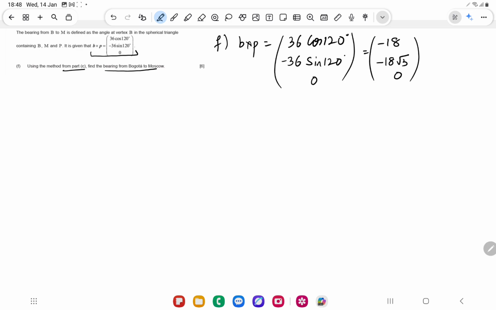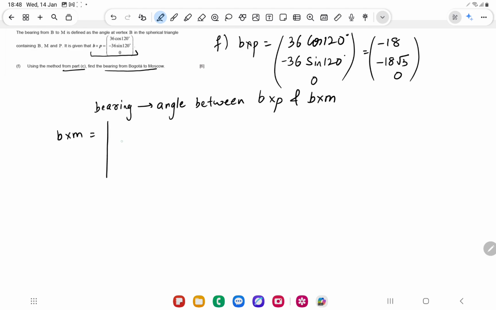Now from part C method, bearing is the angle, I will write it here. My bearing was the angle between B cross P and B cross M. You can check C part for this. So first we will find B cross M. We will do it like this only.